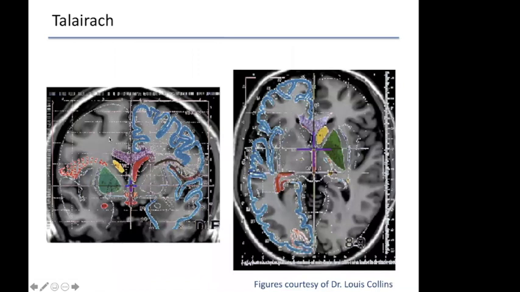Importantly, the concept of a common space is not a new one. It's been used in neurosurgery for decades, even going back to the 1940s and 1950s, using atlases like the Schaltenbrand-Warren Atlas, and just after that, the Talairach Atlas, which I think made its first appearance in the late 70s.